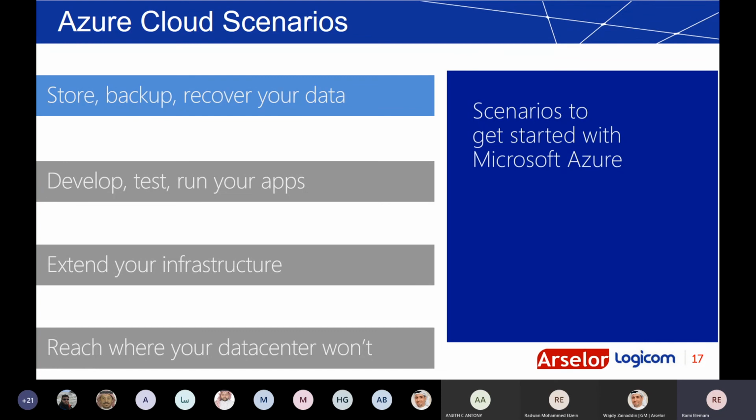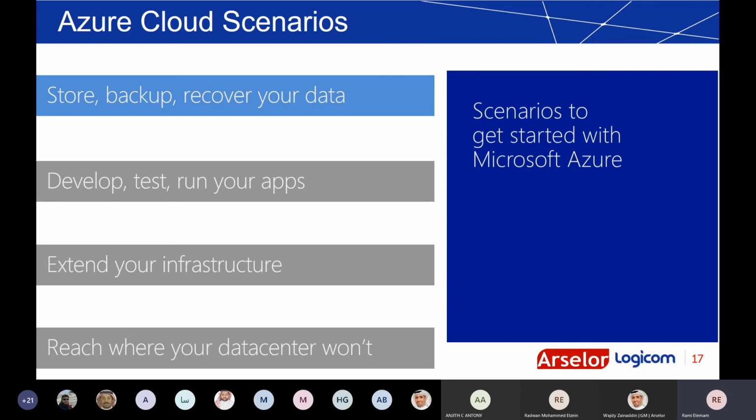Those are the first two scenarios. You can back up on Azure or use disaster recovery on Azure. The third one is dev and test. Many companies have developers and need a dev and test environment to test their application code, their upgrades, or anything. You can do it on this environment.